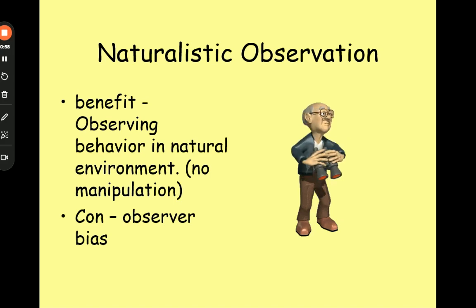So the benefit, you're watching them in their natural environment. However, the bad part is that we are biased people. We might be a little racist or sexist or something. And that may affect what we write down.